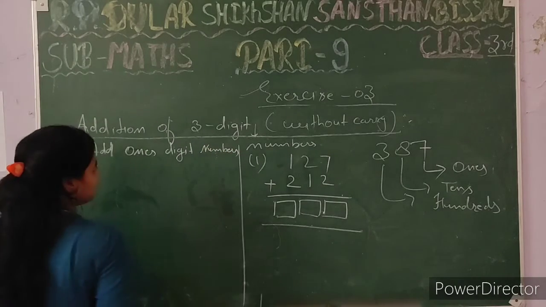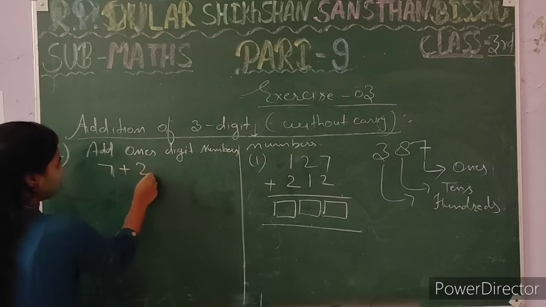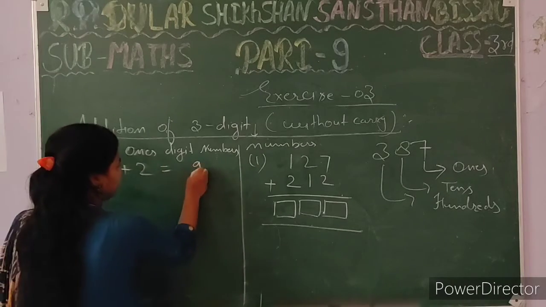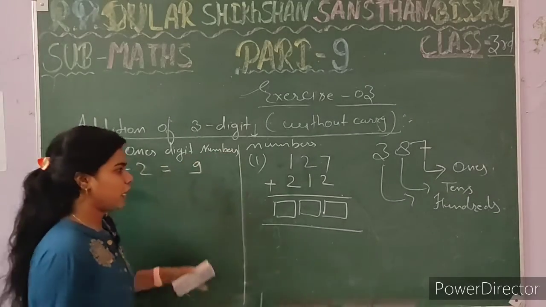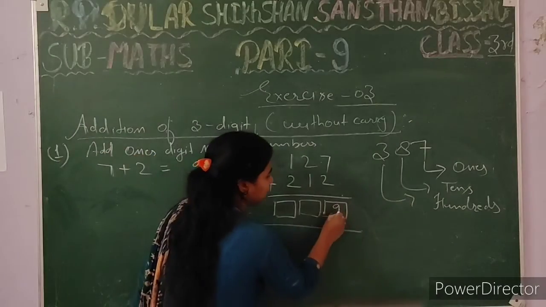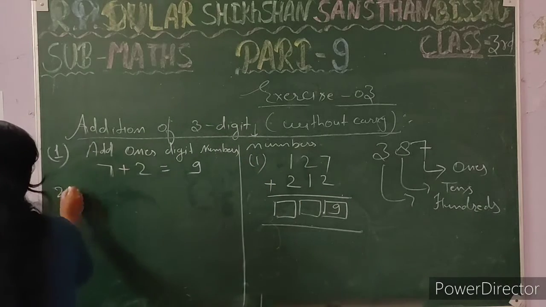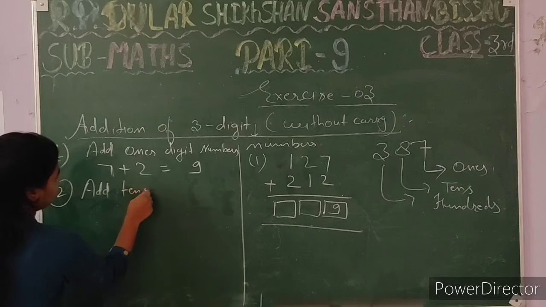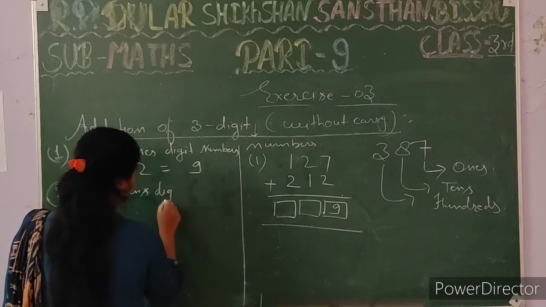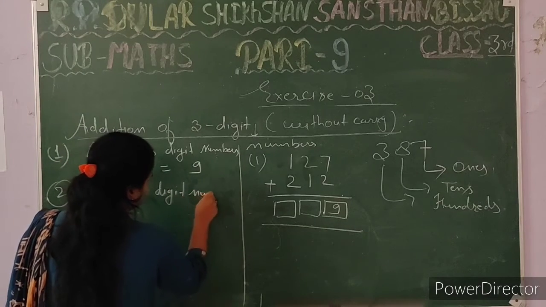The ones digits are 7 plus 2, it means 9, and write 9 in the first column. Then second step, add the tens digit numbers.